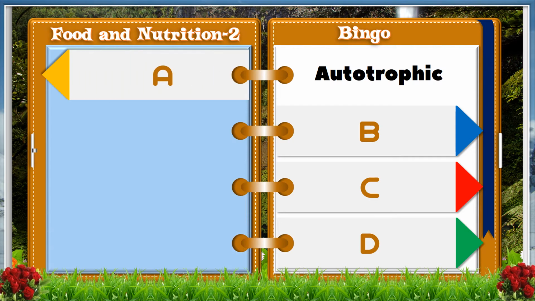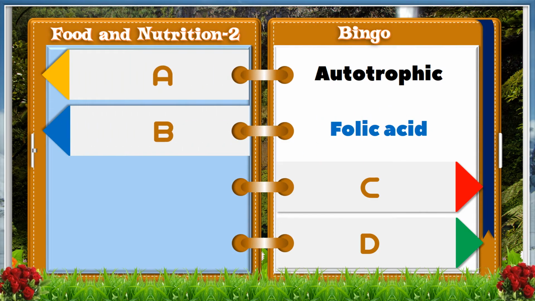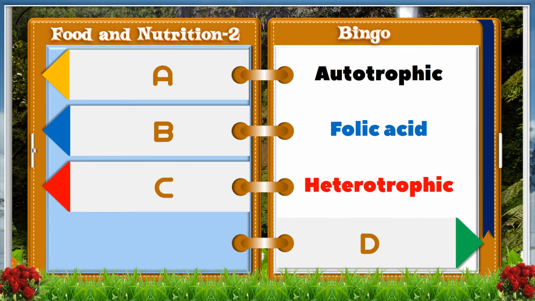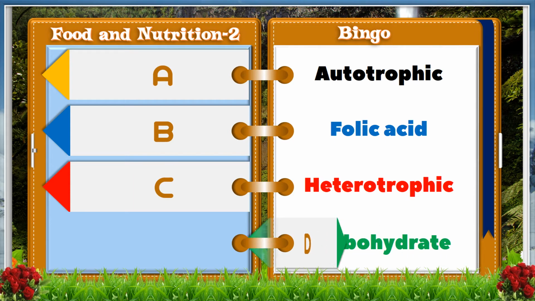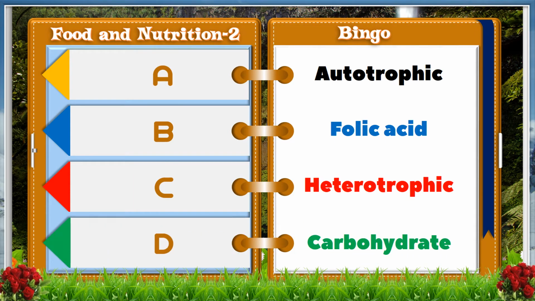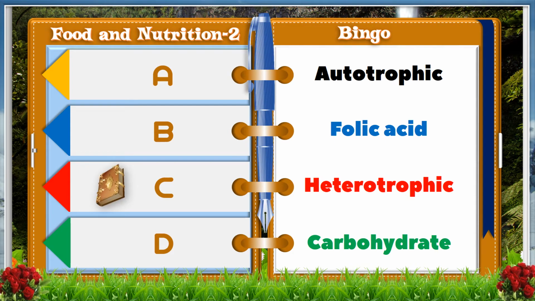A, autotrophic. B, folic acid. C, heterotrophic. D, carbohydrates. And the answer is C, heterotrophic.